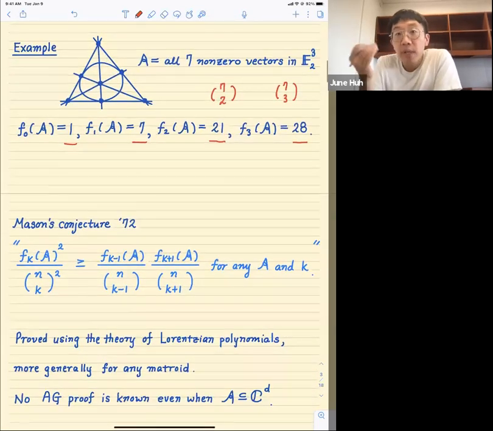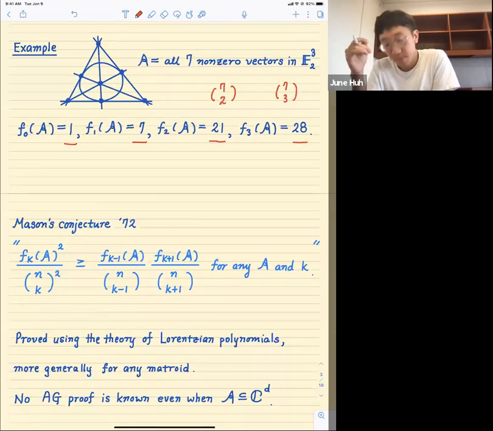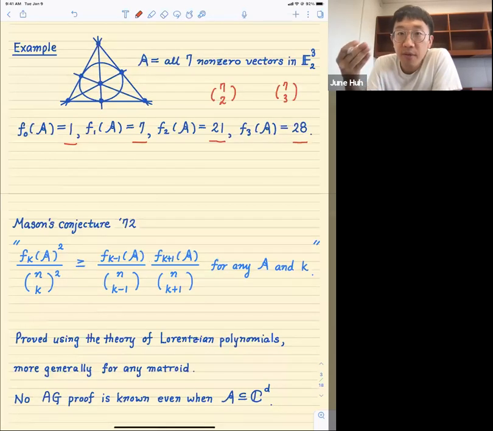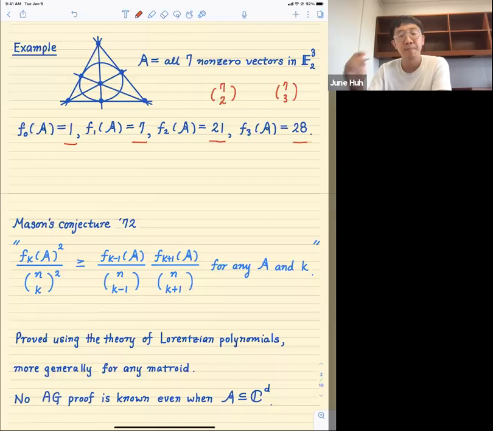And if you know what a matroid is, or if you wait until I tell you what a matroid is later in the talk, you will see that the same conjecture makes sense and is expected to be true for arbitrary matroids, which you can think of as sort of an abstract vector configuration. And one thing that you can do with the theory of Lorentzian polynomials is that you can prove this conjecture more generally for any matroid.